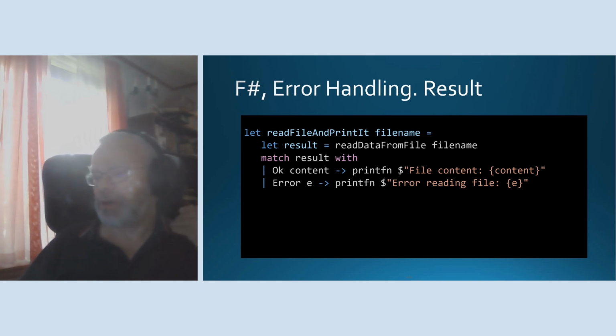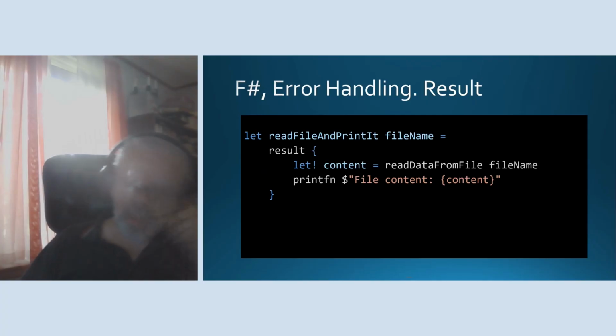In F#, there is a way to shortcut this as well. What you do is declare a result computational expression, is the term, but it's a result block, really. And here we have let and an exclamation mark. So let bang, we call it. That means if read data from file returned okay, then content will be set.